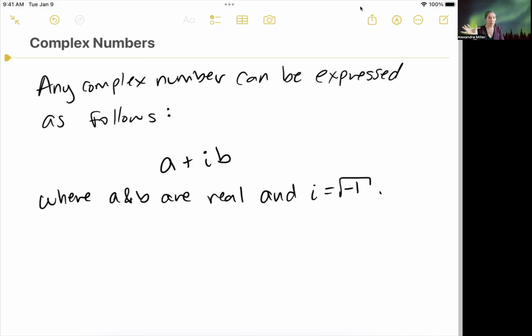So any complex number can always be written in this way. And let's call it C, just to give it a name. So if C is a complex number, it can be expressed as a sum of two real numbers. So we have a real part. We'll often refer to this as a real part plus an imaginary part.